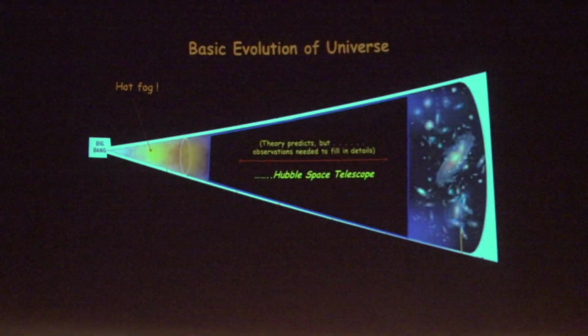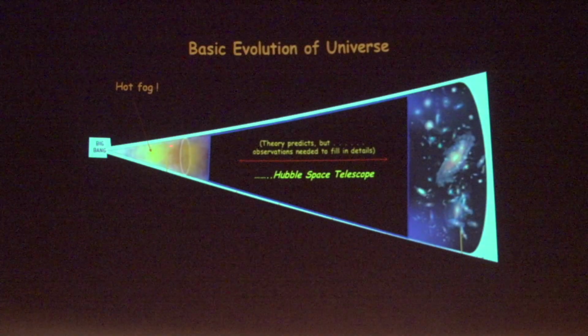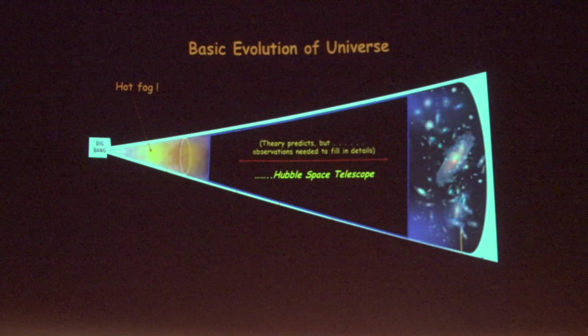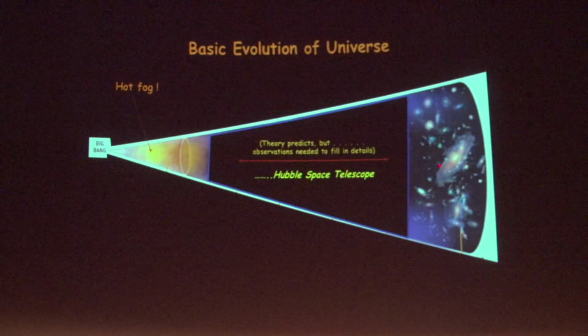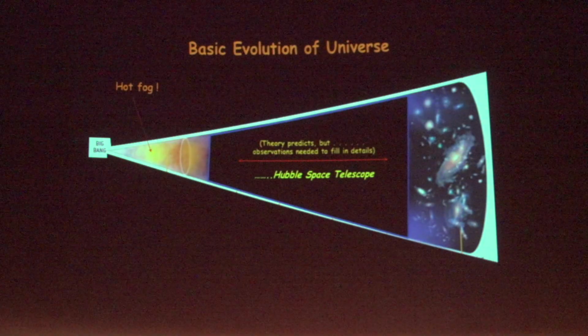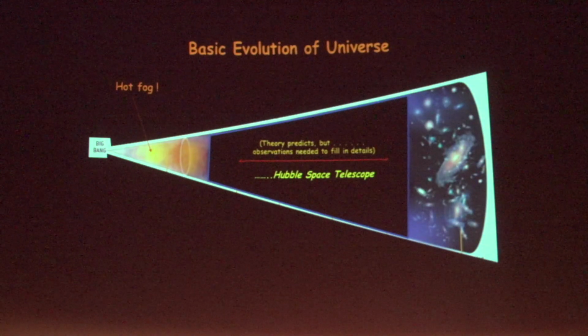So the question is, can we take this situation now where we confirm that there is a hot fog back here, it's expanding, what caused this to happen such that billions of years later we see galaxies and stars? So scientists approach this in 2 ways.